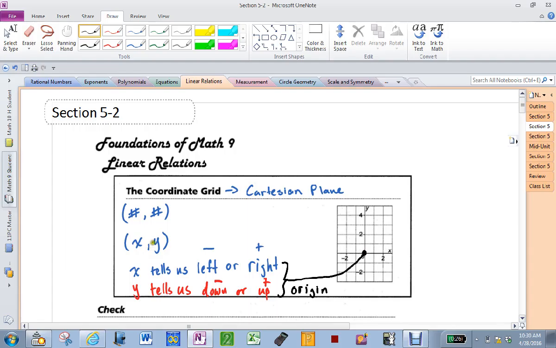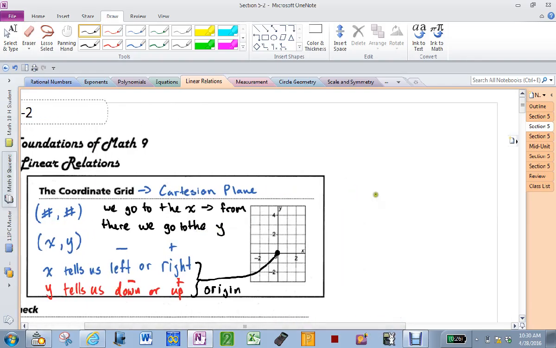So, to put this in regular English, we go to the X, from there, we go to the Y. So when you are using these, you have to remember, you go left to right from 0 first.